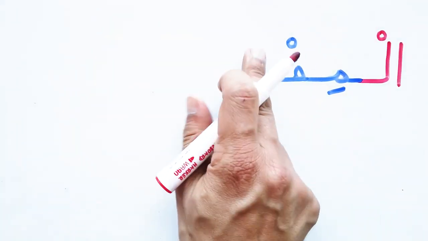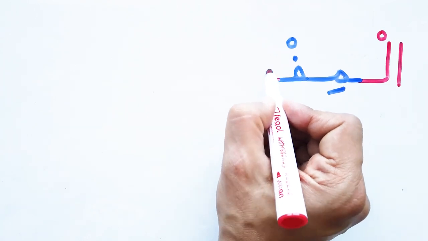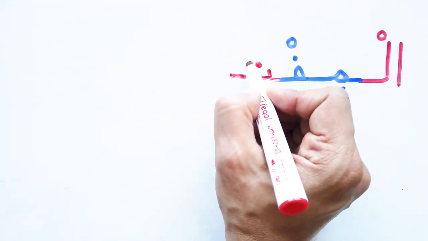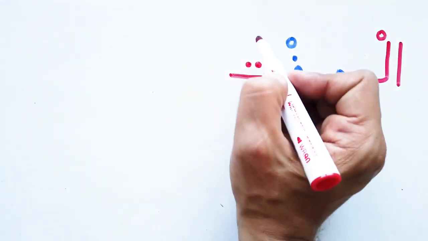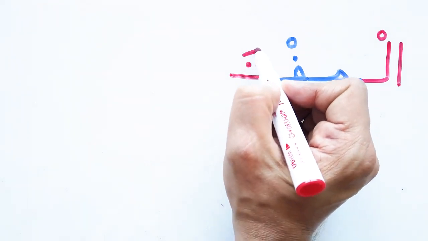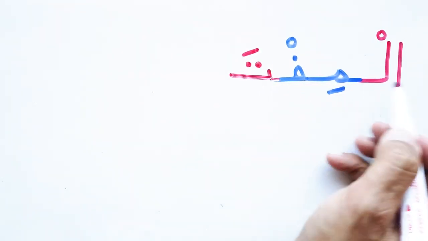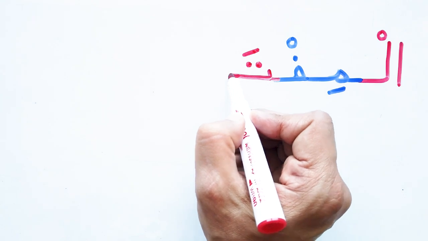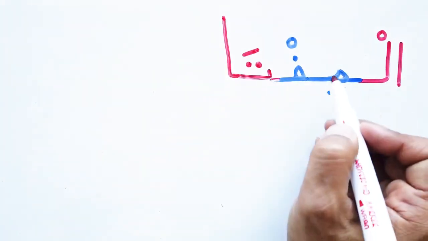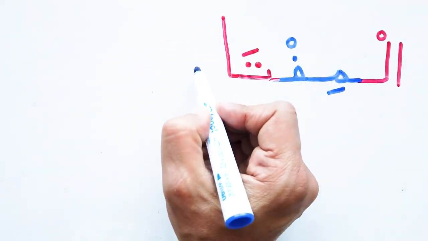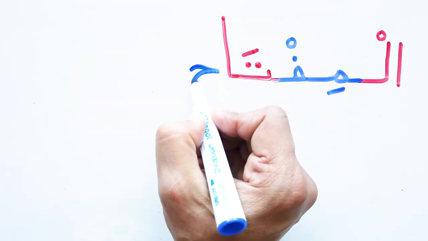The sound of T. So I have here ta, it gives us the sound of T. المف ta. I have fatha, it gives us the sound of A. المفتاح. Long vowel alif. المفتاح. We don't have this sound in English.